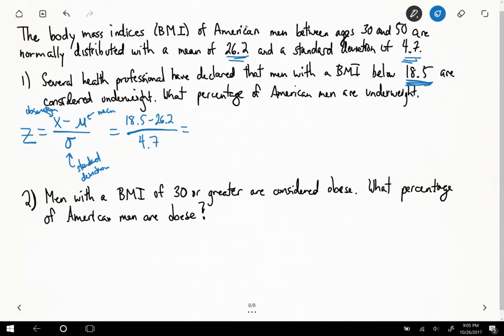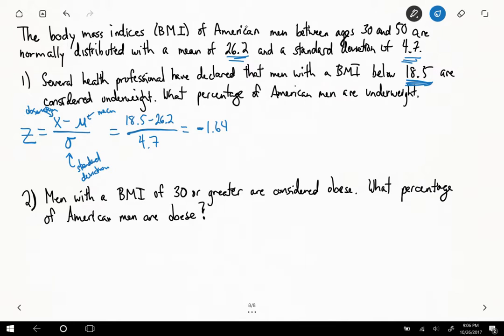Plugging that in, making sure we're careful to put the numerator in parentheses, 18.5 minus 26.2, and divide that by 4.7, and you get some number. We round to the hundredths place because that's where our z-score table rounds things, and we get negative 1.64.